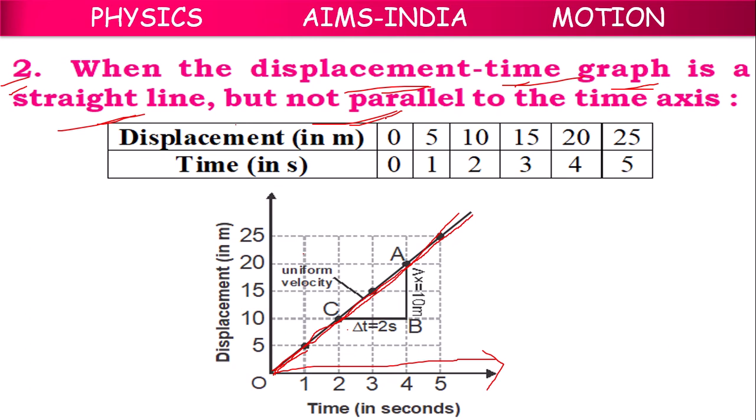At 0 seconds, the displacement is 0, this point. After 1 second, the displacement is 5 meters, this point. At 2 seconds, the displacement is 10 meters.